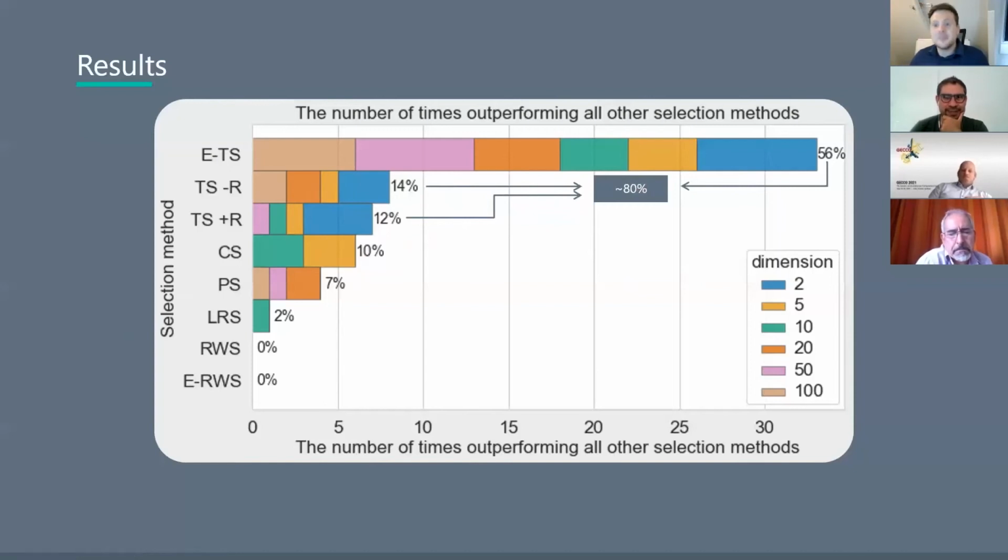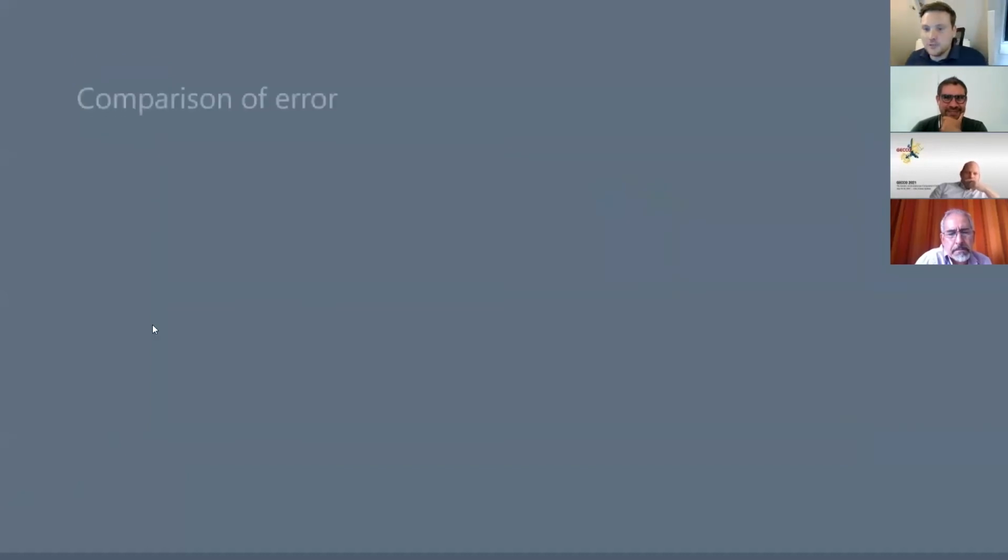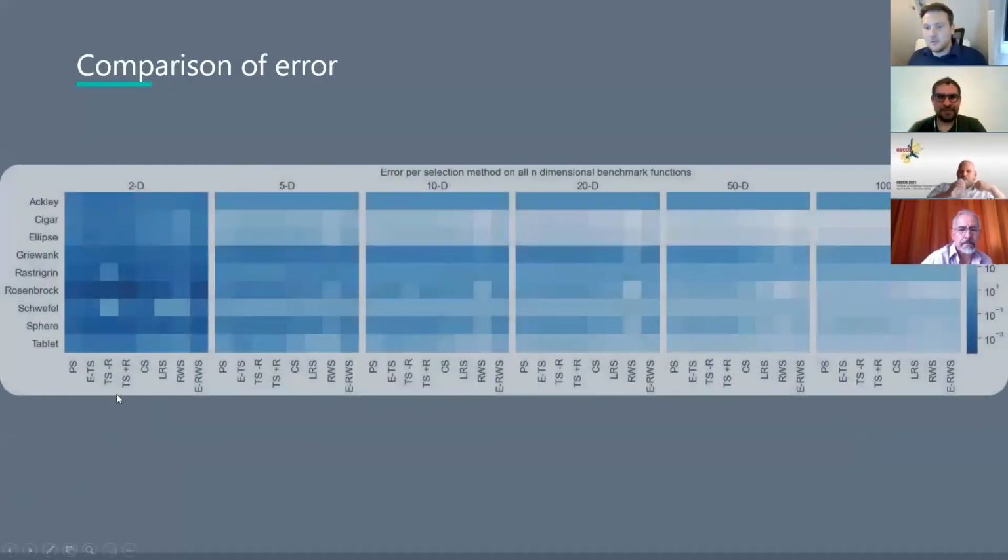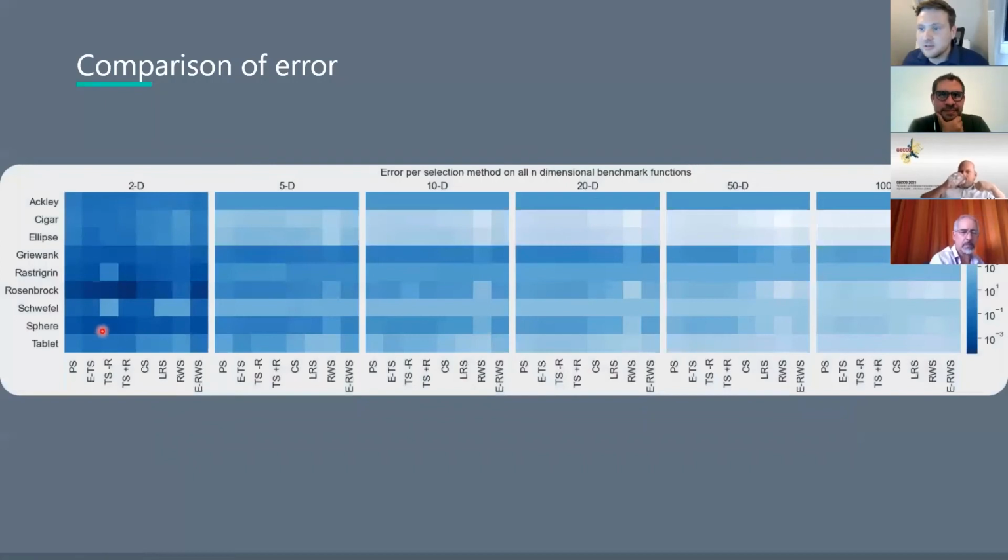No, it's perfect. It's a very good question. Thank you, Christian. And for this, I will go to the heat map again, where, as you can see, the differences between the tournament selection methods are very slim. For example on the 2 dimensions, but also on 10 or 20, didn't you mention? 20 or 5. So the differences here are very slim, but in all dimensions.